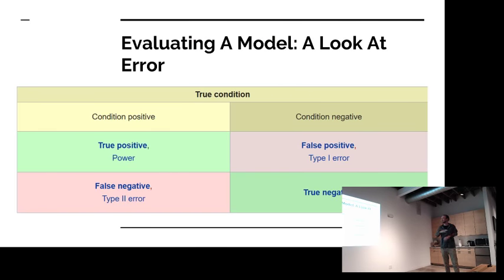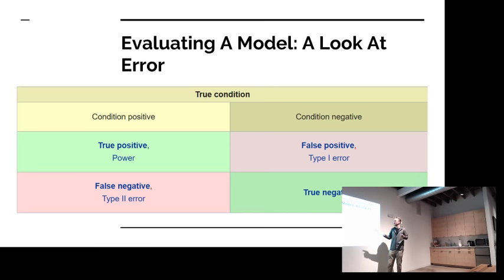And then, yeah, getting to evaluating a model. For model error, you have to think about all the different kinds of error that can show up. You have your model, you put in a piece of data, and you get a prediction. That can be a true positive, meaning your prediction was correct and it should have been correct.